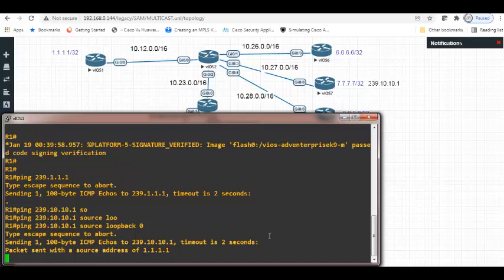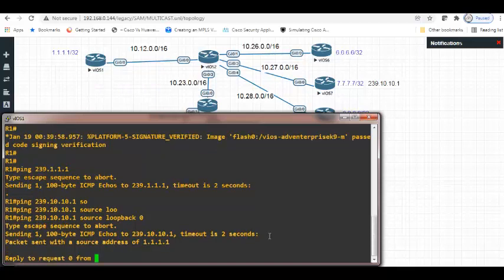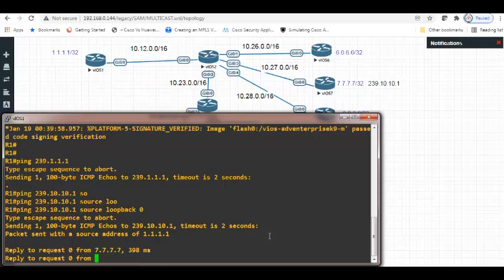Now we will see router 7 and 5 responding. Not only that, every router will now know the source and the group. See, router 7 is responding. 5 will also respond.